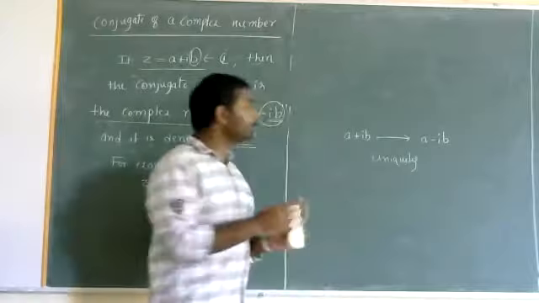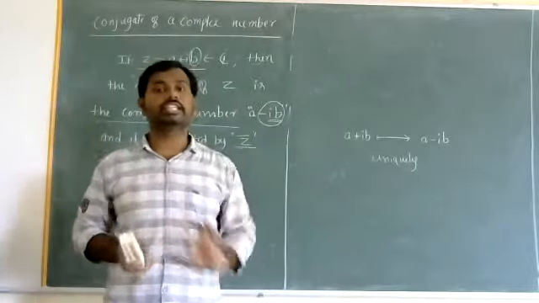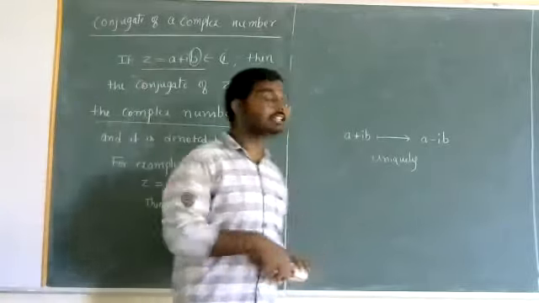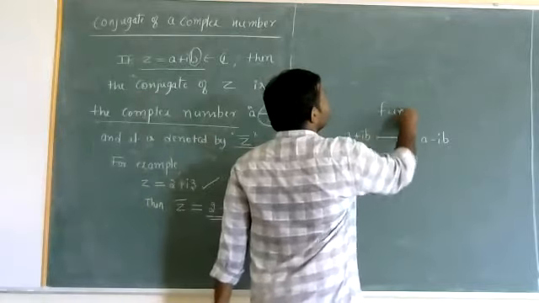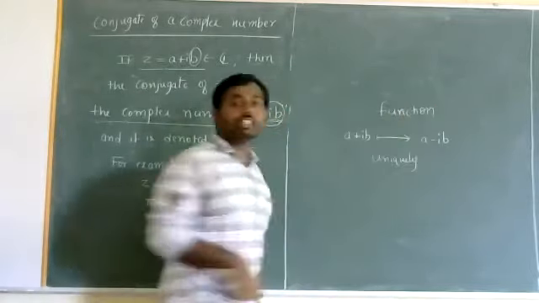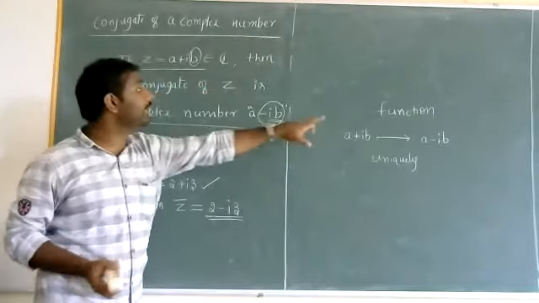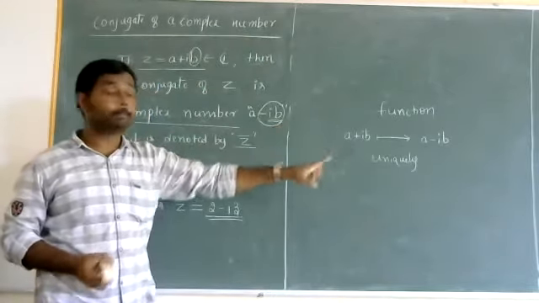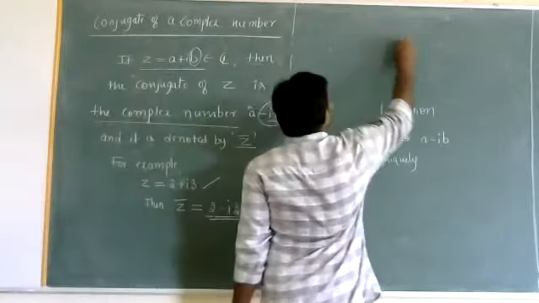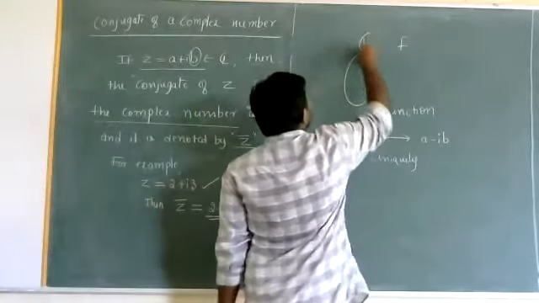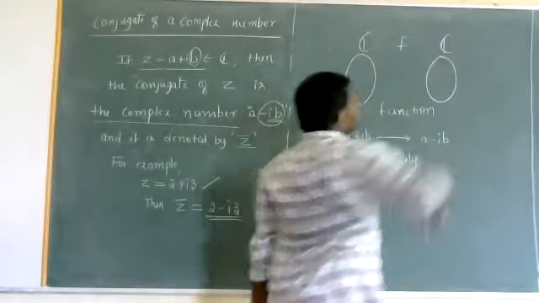So whenever you come across unique association, unique correspondence, then the concept of function will enter. So conjugation of complex numbers can be regarded as a function because we can regard this as a function from the set of all complex numbers into itself.